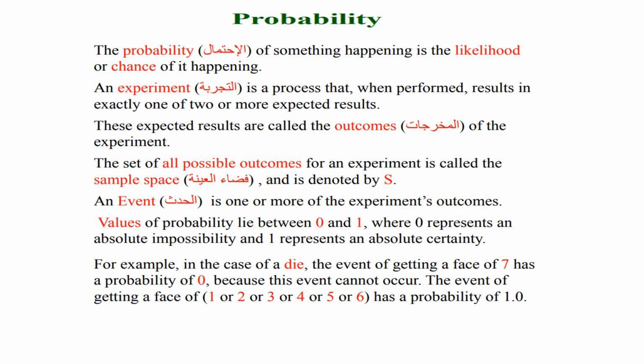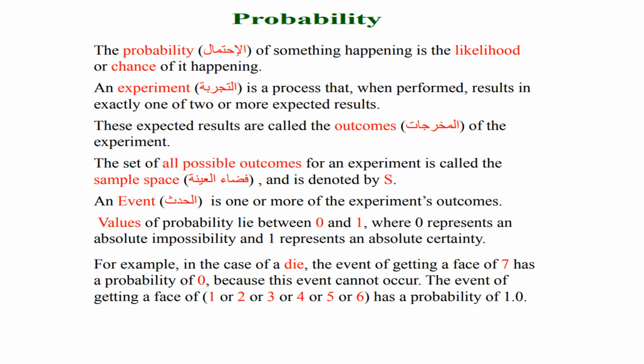For example, in the case of a die, the event of getting a face of 7 has a probability of 0, because a die has only 6 faces: 1, 2, 3, 4, 5, 6. So 7 is not possible to get, and the probability of that event is 0.